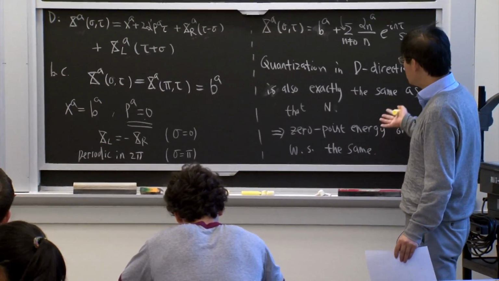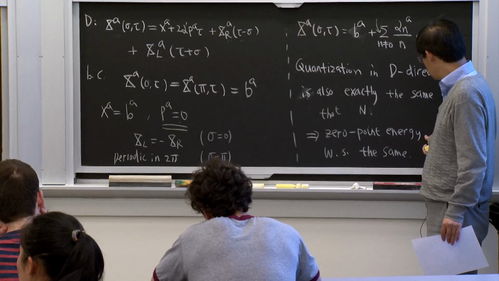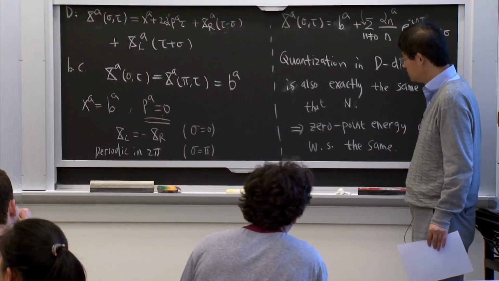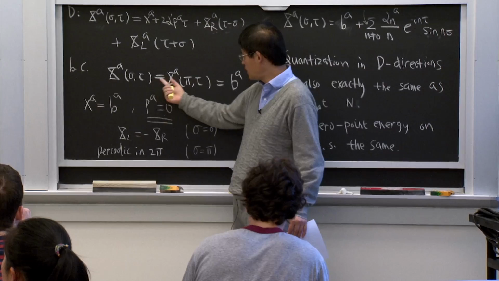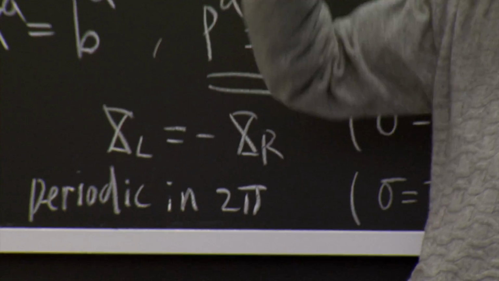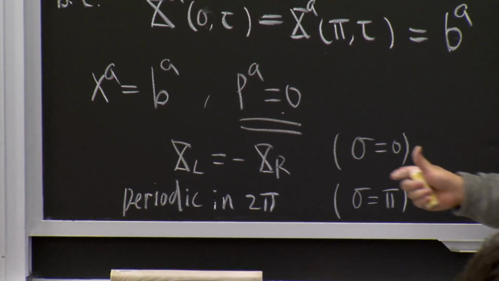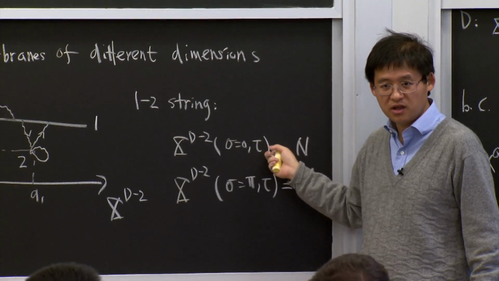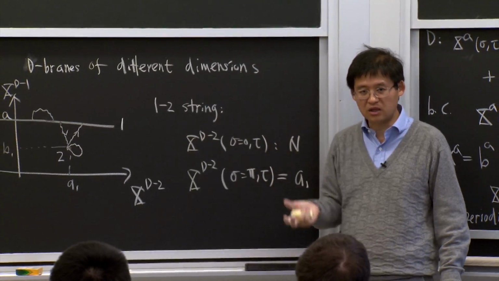Let me just mention one point. That this is identical is actually related to the Dirichlet boundary condition on both sides. This is still a periodic function of 2 pi, and so you get this. In such a case, say if one endpoint is the Neumann boundary condition but the other endpoint is the Dirichlet boundary condition, then the story is a little bit more subtle.